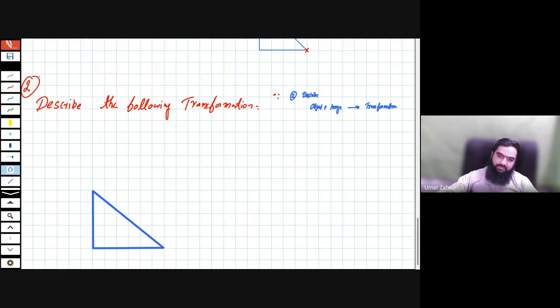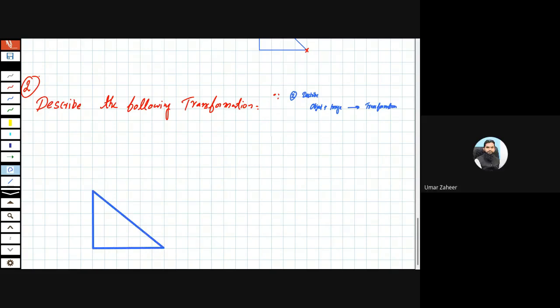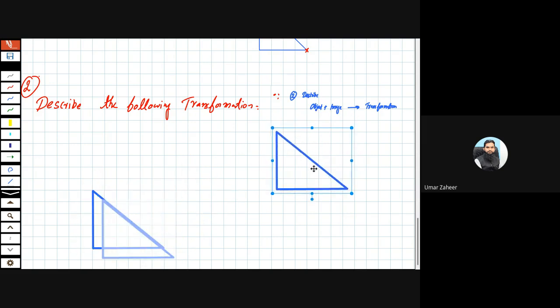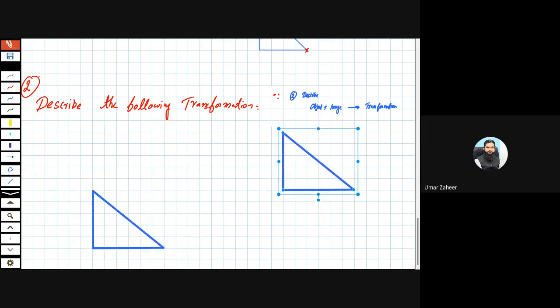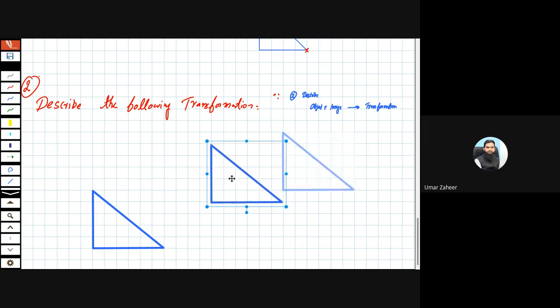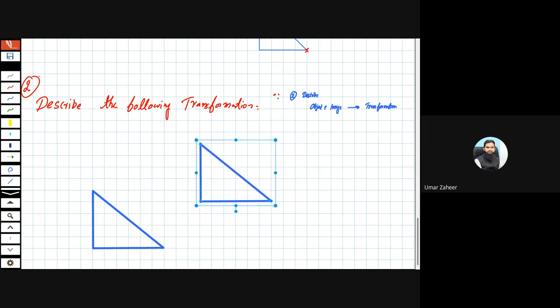I'm taking a right angle, but it can be a square, it can be a circle, it can be any other shape. I'm going to say that this is your object and this is your image. You have to find the translation.